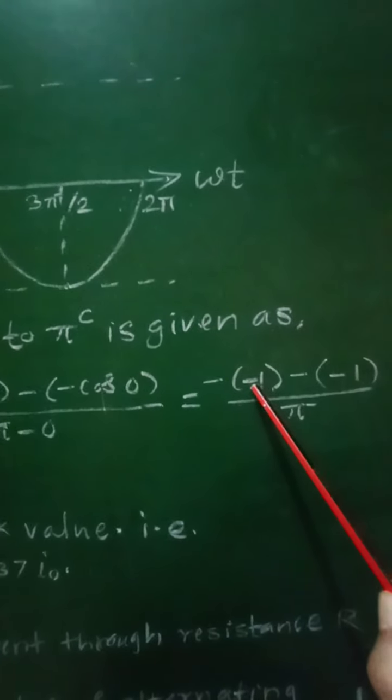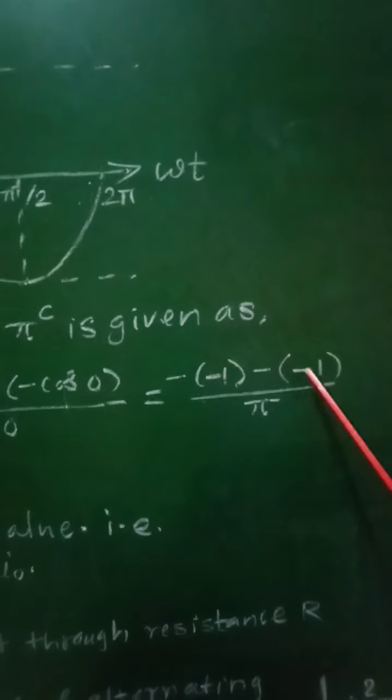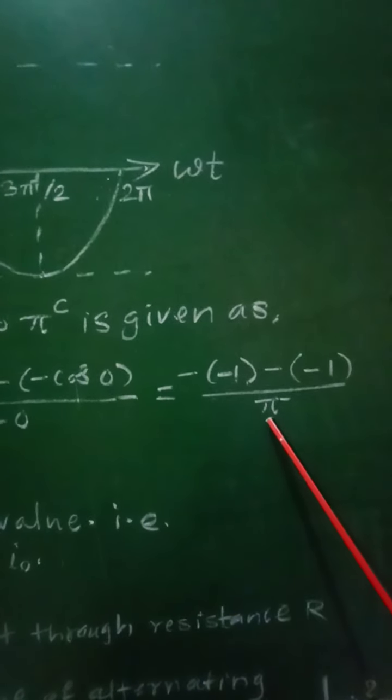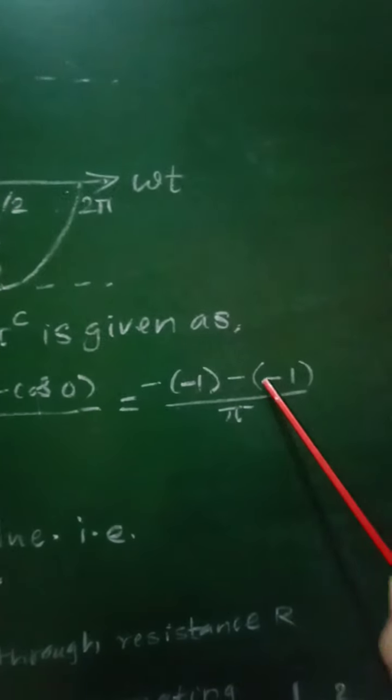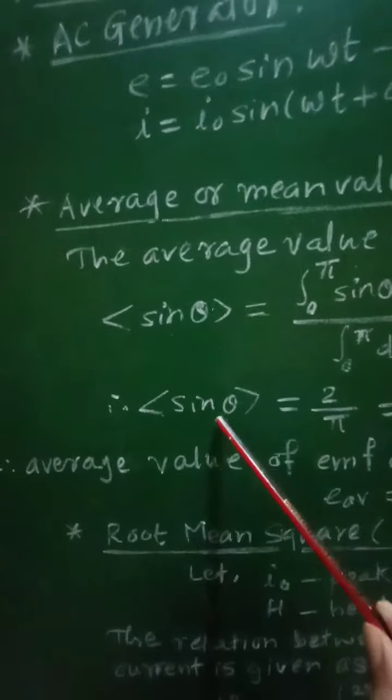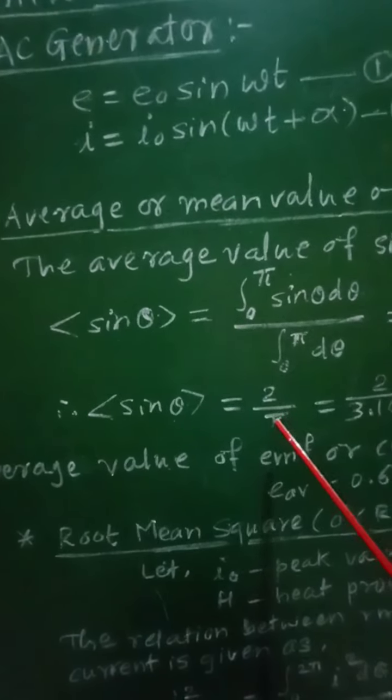So minus of minus 1 minus of minus 1 divided by pi. So this will become plus 1, this will become plus 1, therefore we will get 2 upon pi, and therefore we can write average value of sine theta equal to 2 by pi.